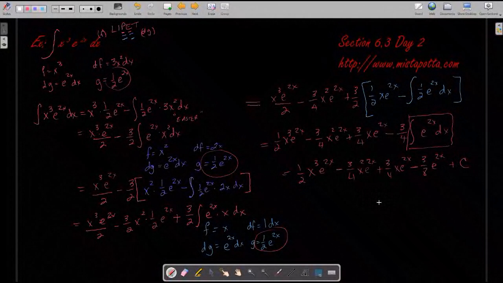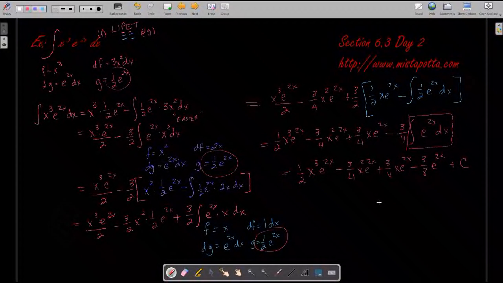So to evaluate this antiderivative, I actually had to go through this procedure 4 times.